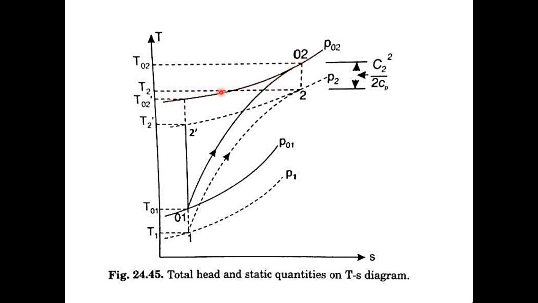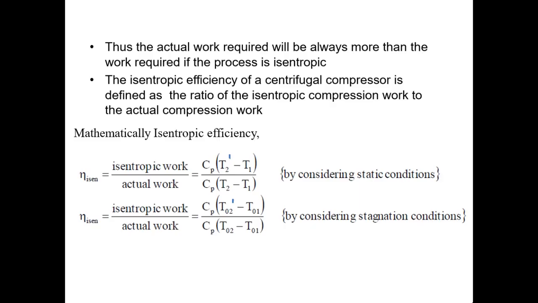The stagnation condition was the same just above, P02, the stagnation pressure corresponding to state 2. So here, using this temperature-entropy diagram, you can see the actual difference between an ideal isentropic process and an actual one.